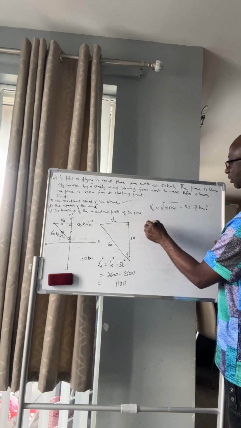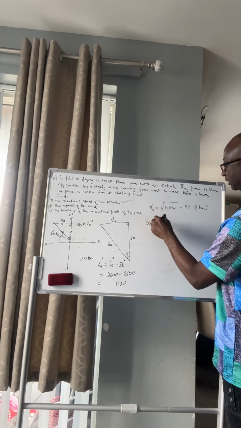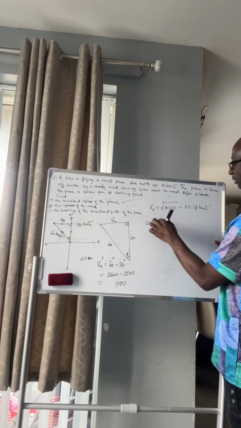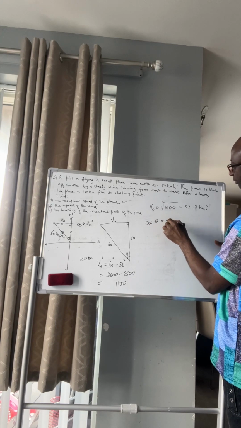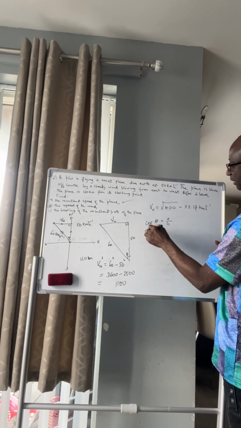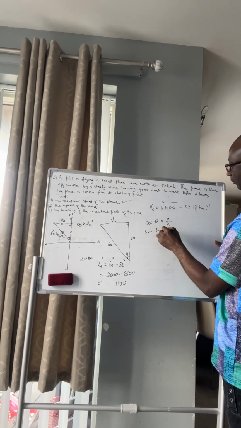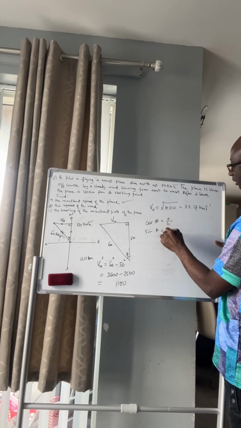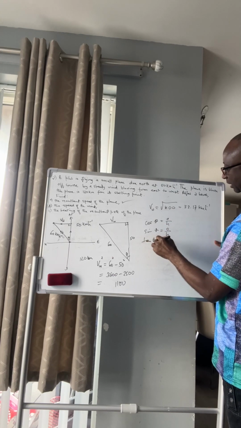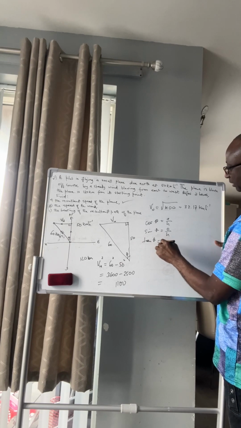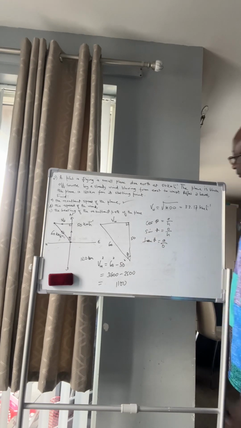Cos of theta is equal to adjacent all over hypotenuse. You have sine of theta, opposite all over hypotenuse. And you have the tangent of theta, opposite all over adjacent.